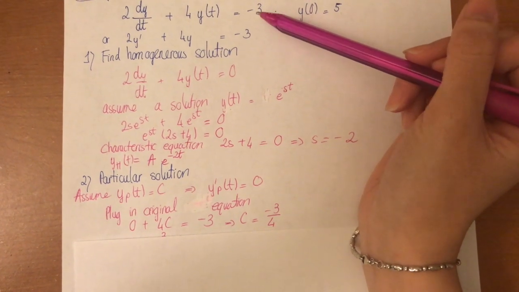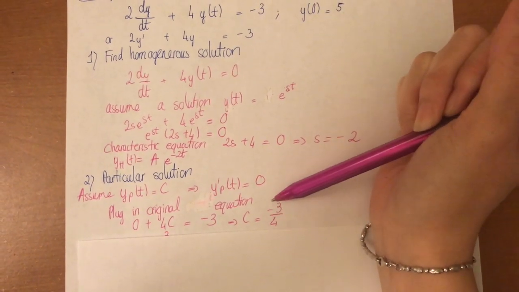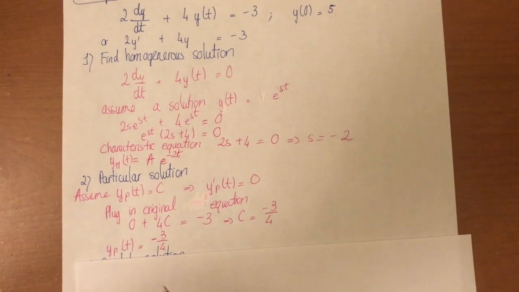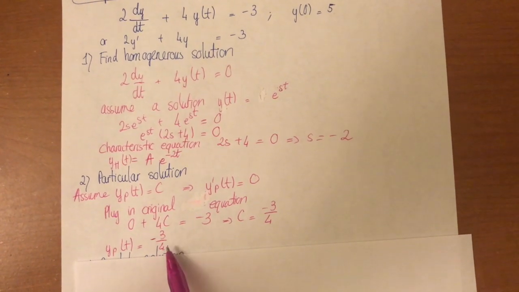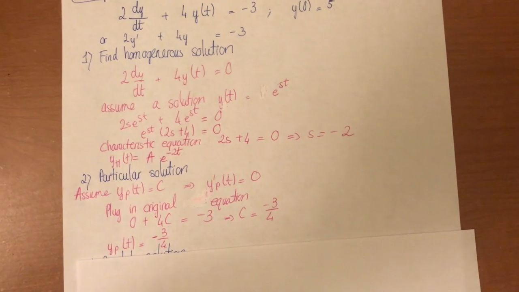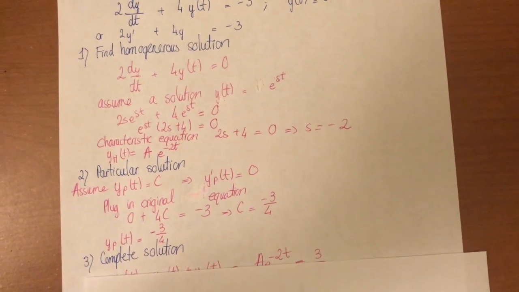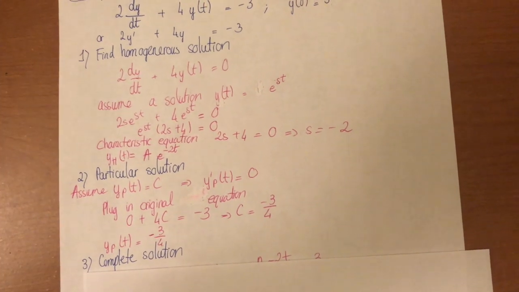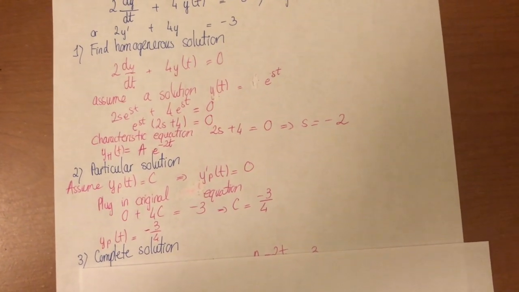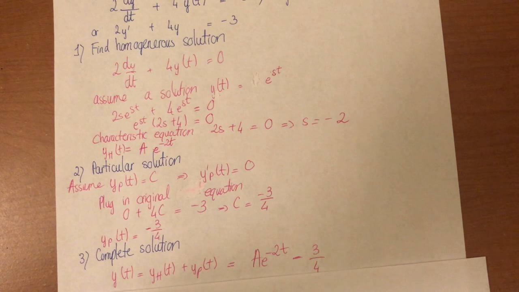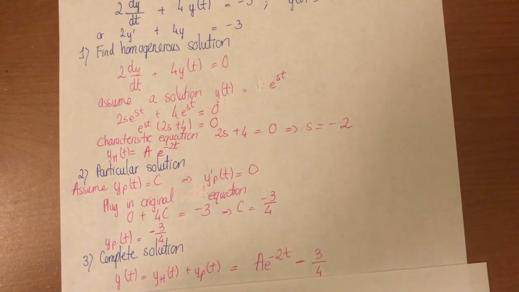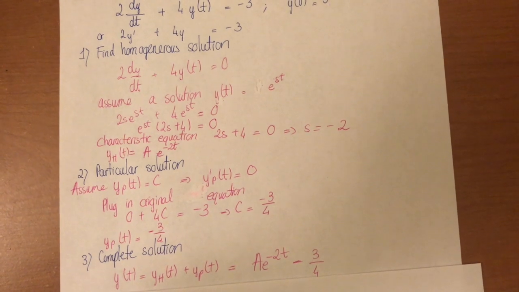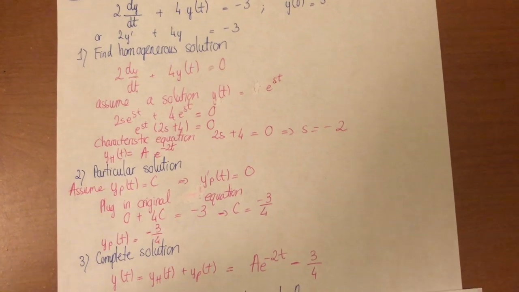Then we find c equals minus 3 over 4, and this is our particular solution, y_p(t) equals minus 3 over 4. Then we combine the two solutions to get the complete solution: y(t) equals y_h(t) plus y_p(t) equals A e to the minus 2t minus 3 over 4.